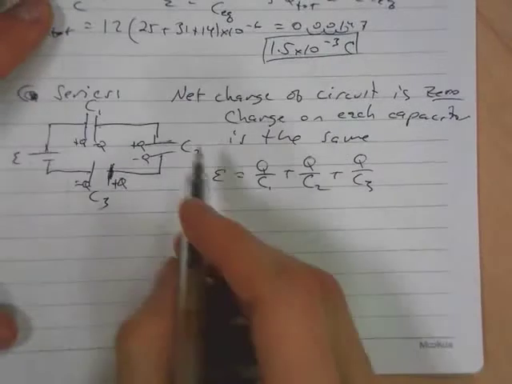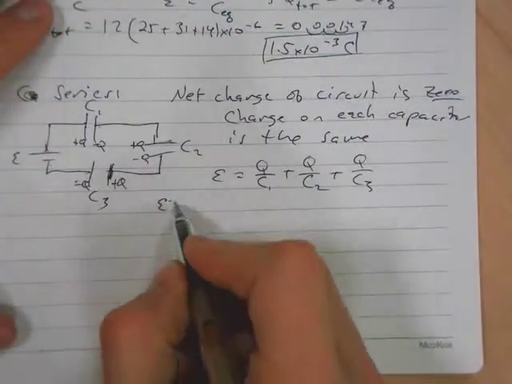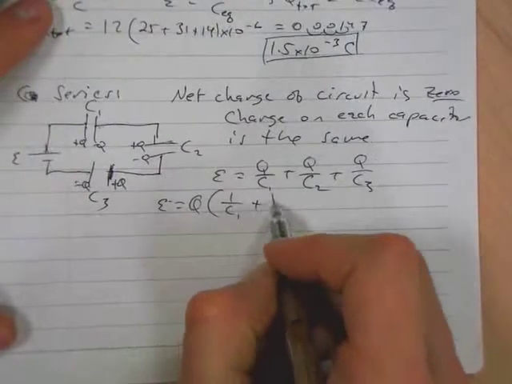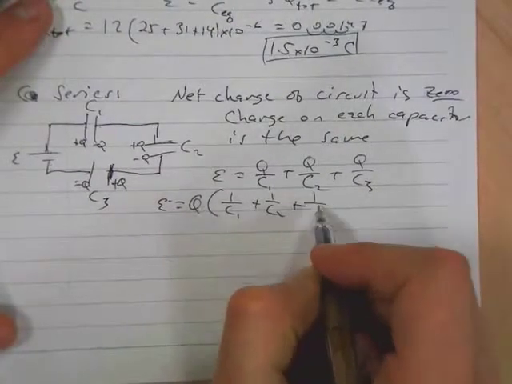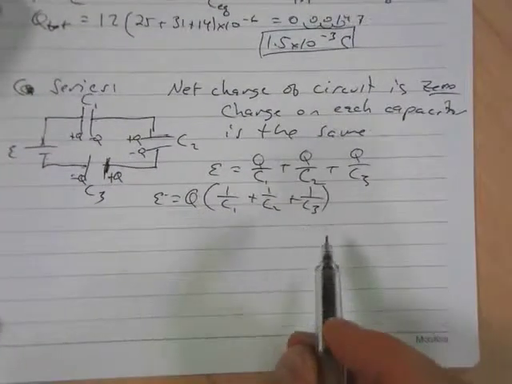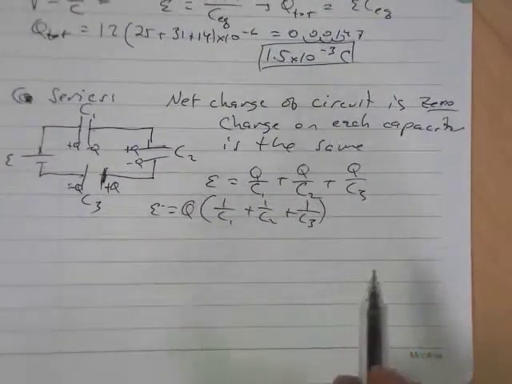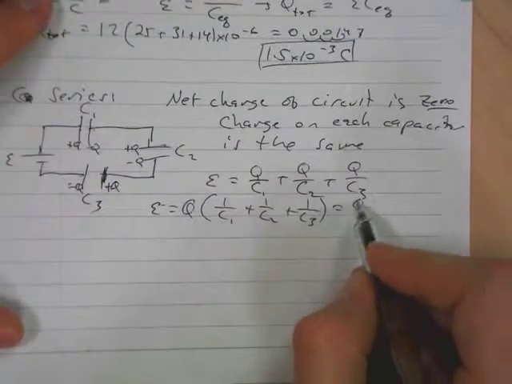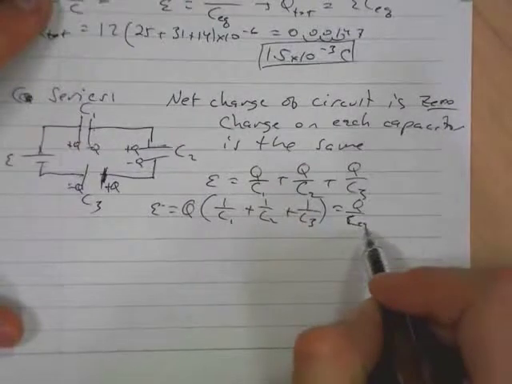So the EMF is equal to that net charge times 1 over C1 plus 1 over C2 plus 1 over C3, which means that we can write this as Q over our equivalent capacitance.